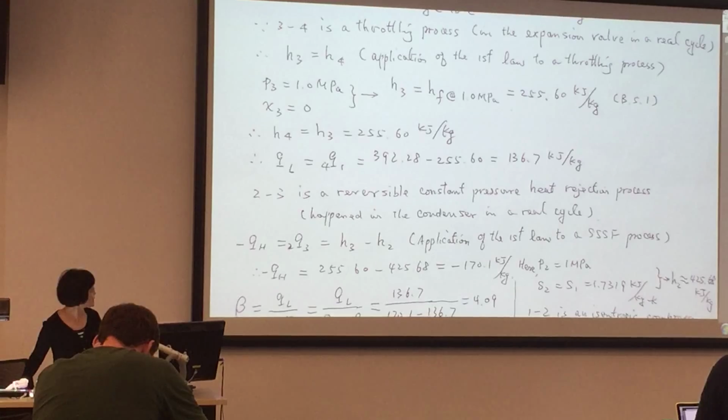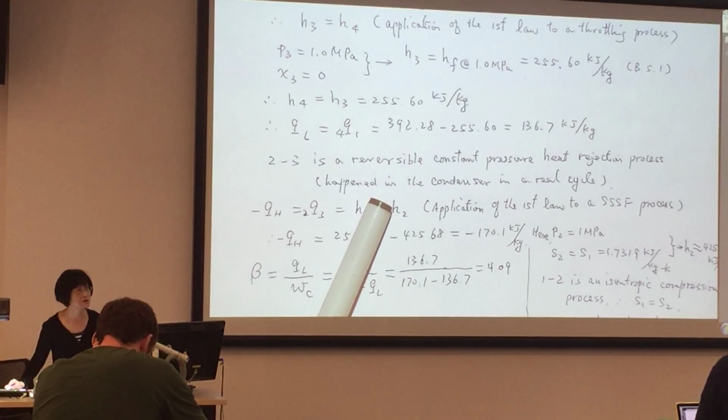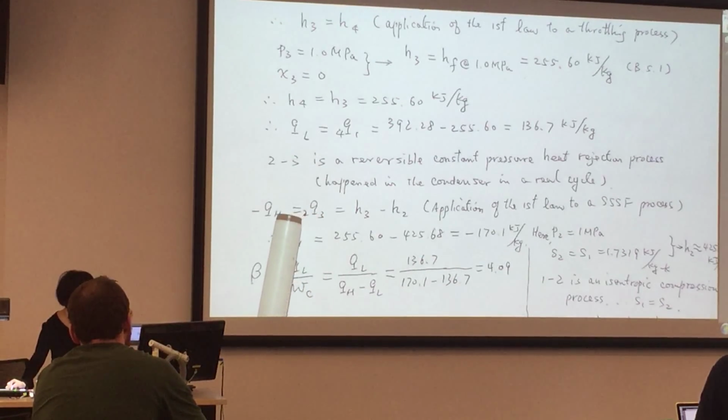The second question is related to QH. That's already implied by the given conditions. The question didn't say, find the heat transfer in process 2 to 3. We need to understand in which process the heat is rejected to the surroundings. So that's the QH.